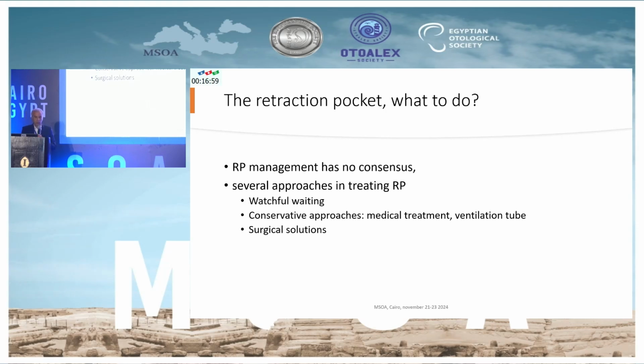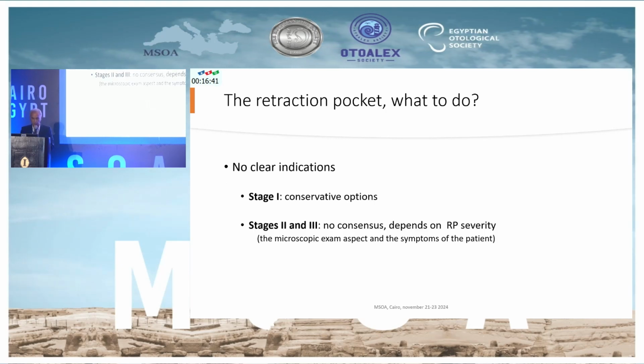We can watch and wait to see the evolution. We can use a conservative approach like medical treatment, ventilation tubes, and then there are some surgical solutions. The indications also are not clear.